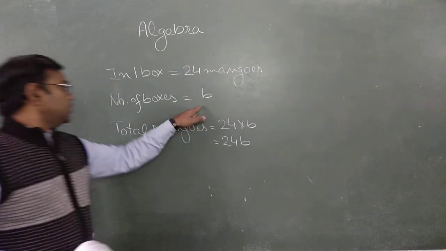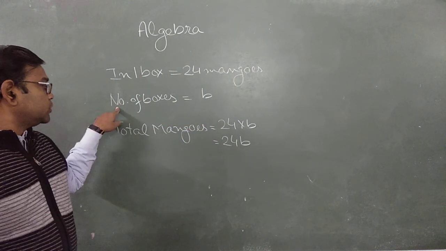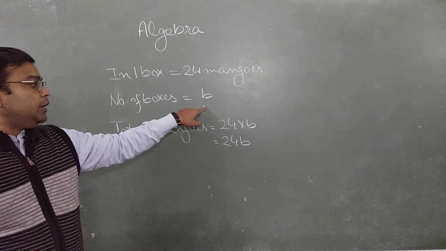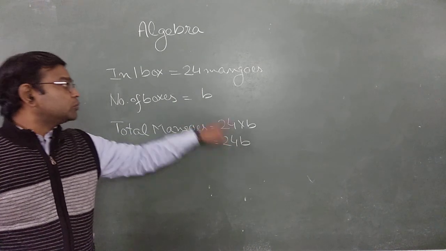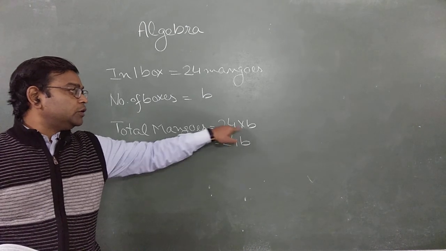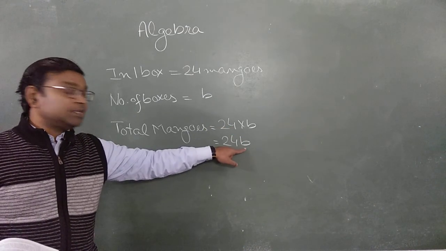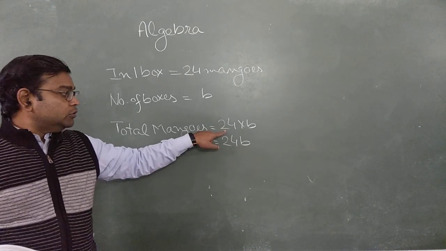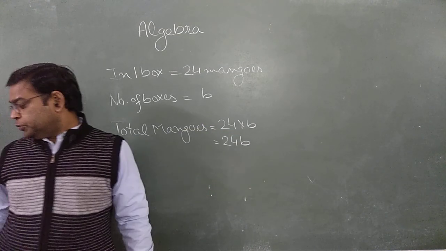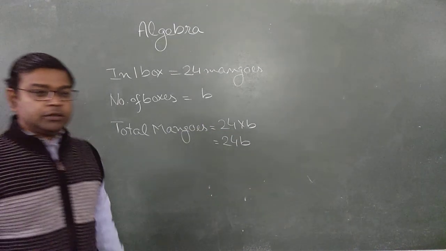So I use B for number of boxes. Total mangoes are this into this. If B is 1, total number of mangoes is 24. If B is 2, total number of mangoes is 24 into 2, it's 48. If B is 10, then total number of mangoes is 24 into 10, it's 240. So hope you can easily understand this one.